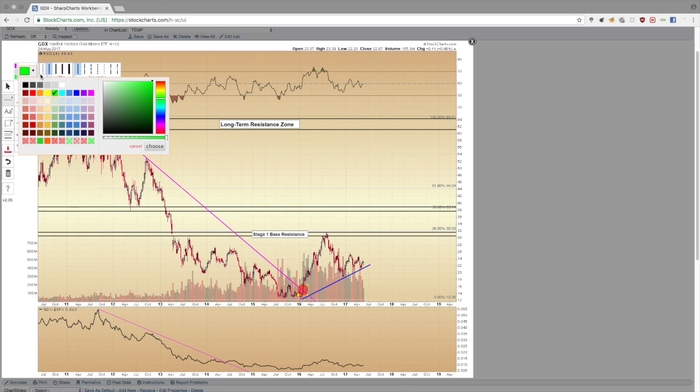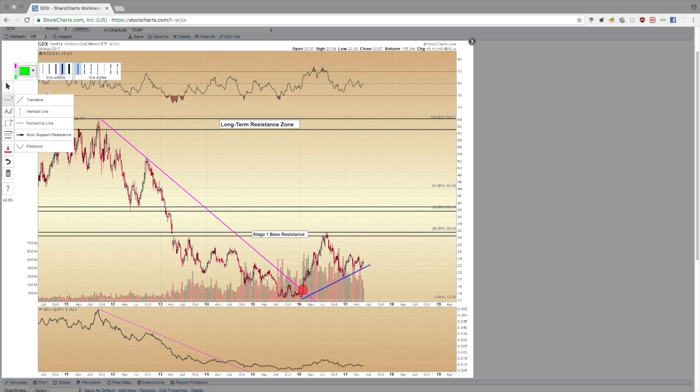Now, I do want to make this a more important color. Let's make this green to really catch your eye, because there's something very important happening here.